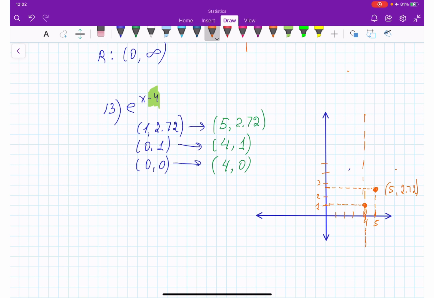We have already 4 and 0. So the graph is going to go like this. So this is e to power x minus 4.